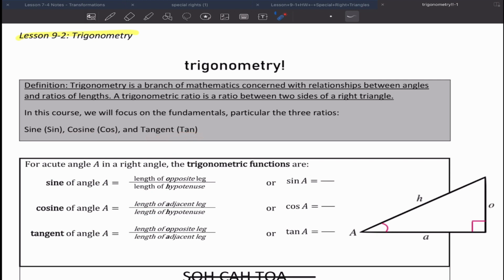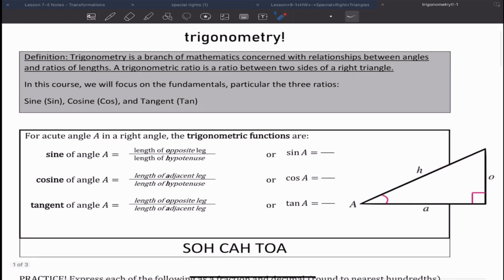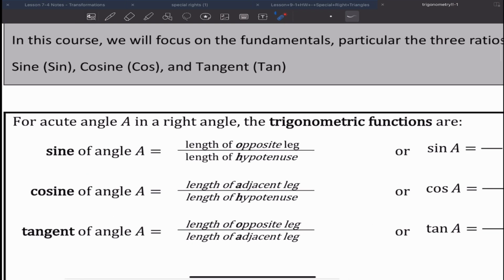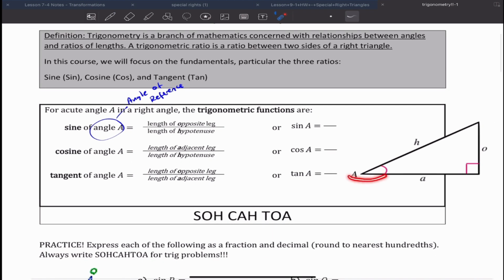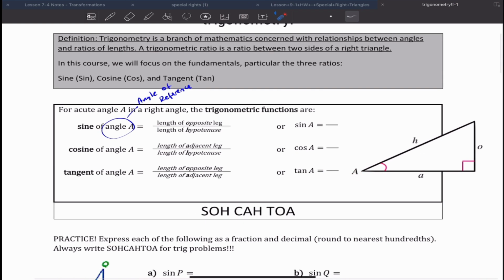Okay, so for acute angle A in a right triangle, the trigonometric functions are sine of angle A. We call angle A the angle of reference. So the sine of angle A, here's angle A, it is the length of the opposite leg over the hypotenuse.